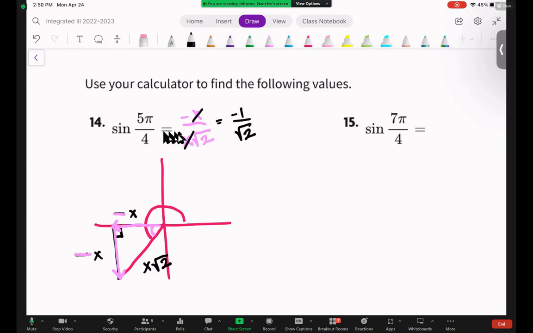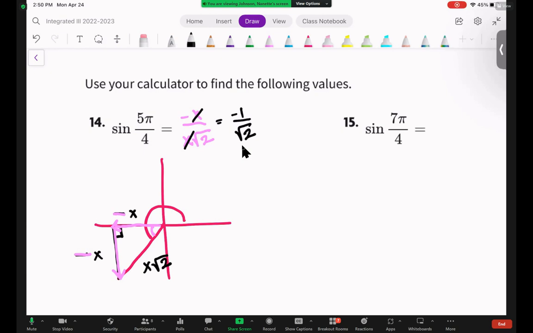But some teachers do not accept this as their answer because this is not rationalized, what they call it. Rationalized means that the denominator has to be not an irrational number, not a radical, not an i, not a log. It has to have just like a whole number.